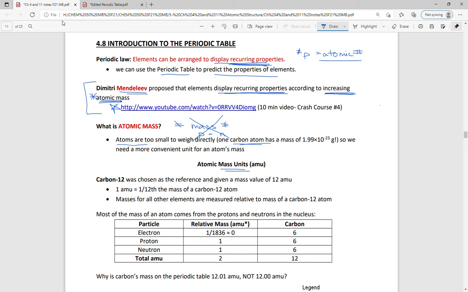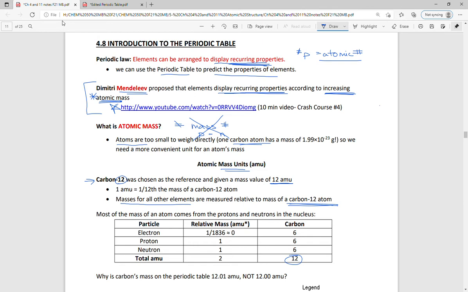And that's where we get carbon 12 as the reference. Carbon 12, that specific isotope, is 12 atomic mass units. So if we were to take 1/12 of it, that is the atomic mass unit. Basically all the masses are relative to the carbon 12 atom. And so if we go down here, it's carbon 12.